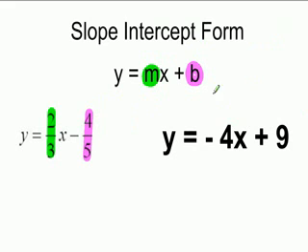Okay, so in this case, on the next side, -4 is the slope and +9 is the y-intercept.